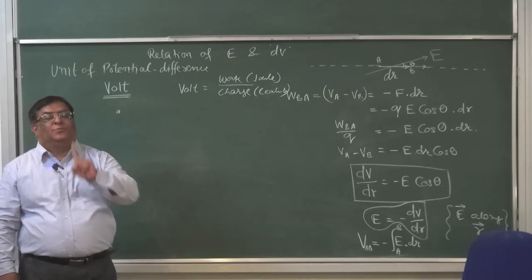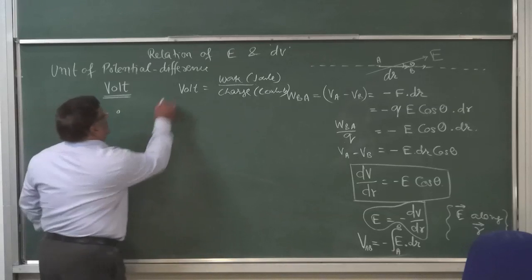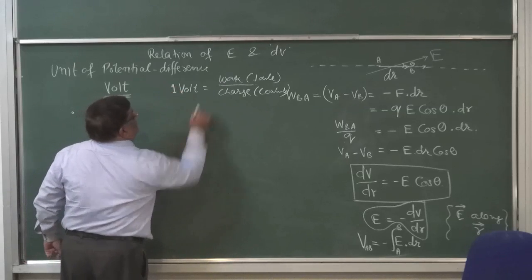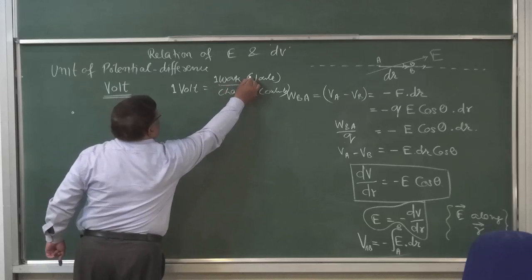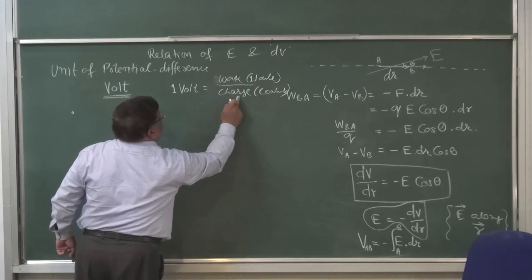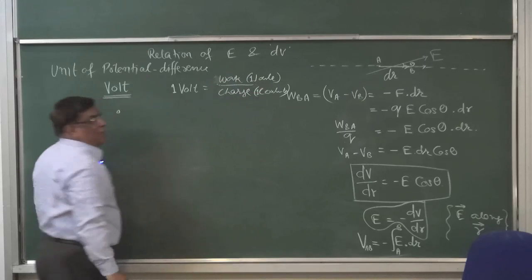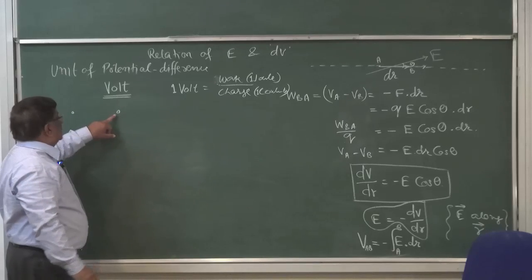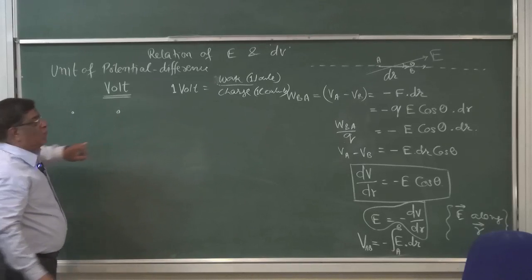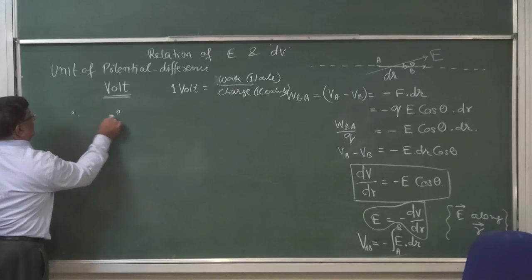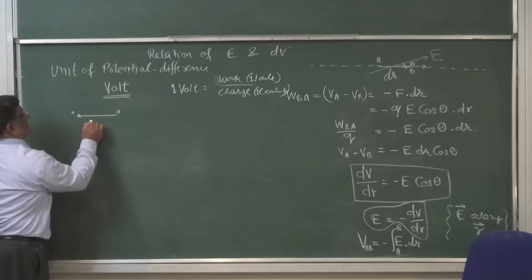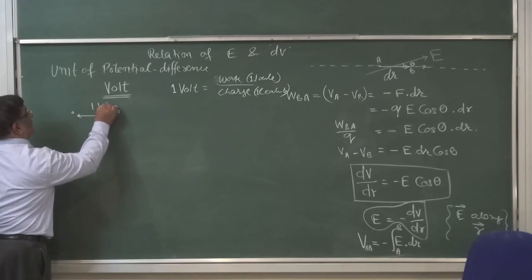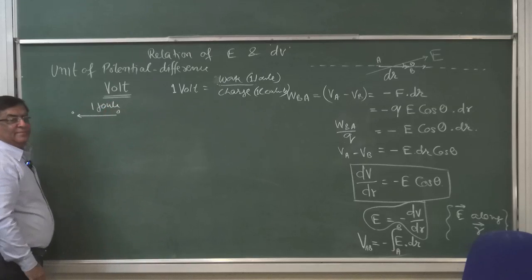Now, what is 1 volt potential difference? 1 joule and 1 coulomb. There are 2 points in an electric field in such a way that when we take 1 coulomb charge from this point to this point, we have to do certain work, and that work is how much? 1 joule.